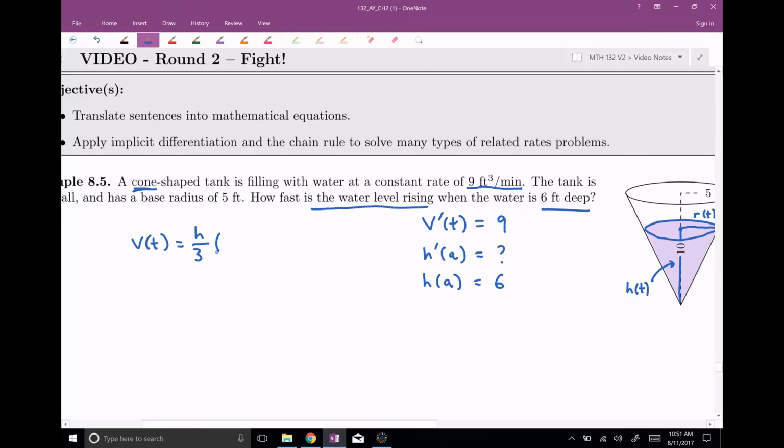In this case, the area of the base is a circle, so this is going to be pi r squared. We actually have the pi r squared equation under circles, for the area of a circle. Now again, all of these things are technically changing with time, so let me write h of t and r of t.